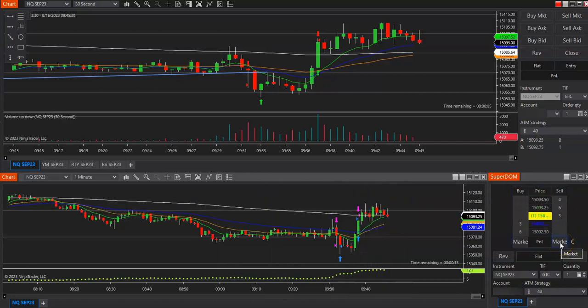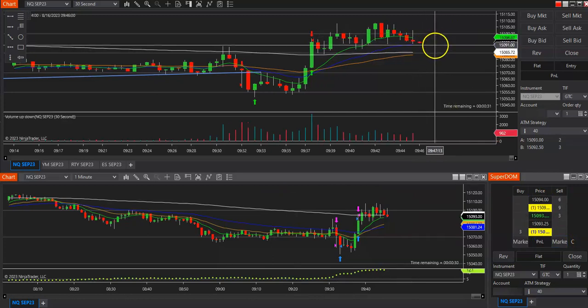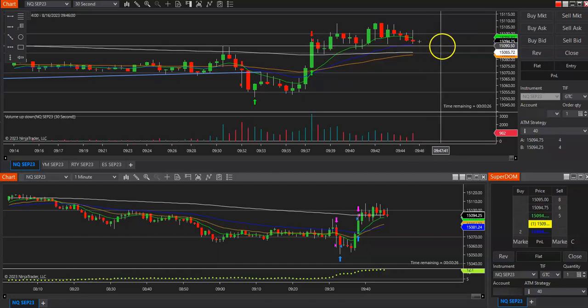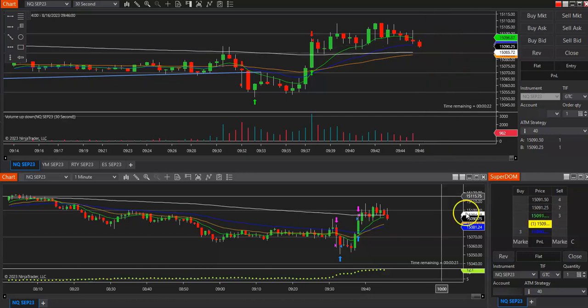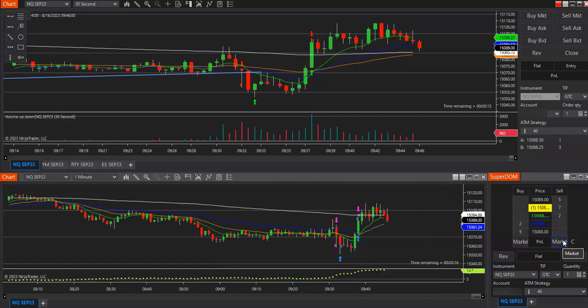Let's see if it gets rejected or not though. It's above all the moving averages, especially the 200 and the 50 right here. So just want to see what could happen. See if it breaks that 15,085 level. Let's see if that can happen.